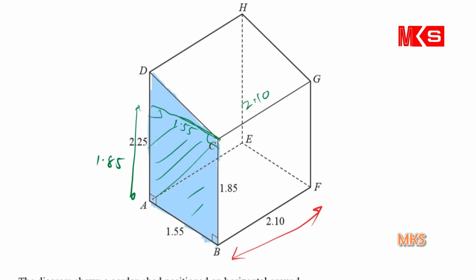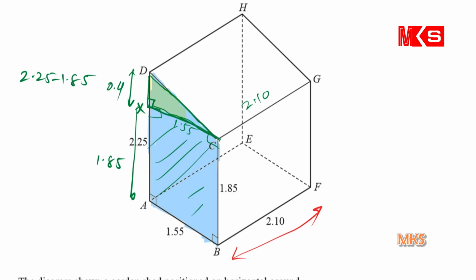So that will give me the other part, and this will also be 90. This has become a right angle triangle, and if I call this x, what is DX then? DX will be 2.25 minus 1.85, and that is equal to 0.4.